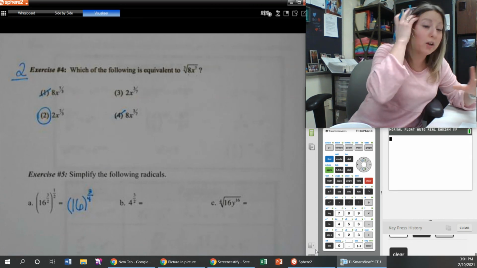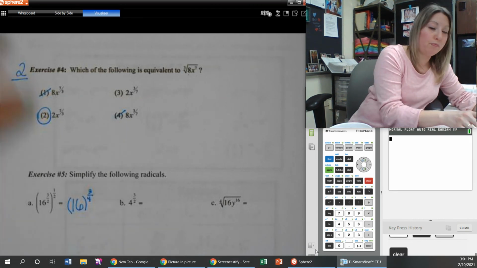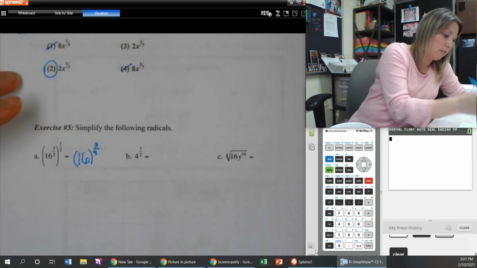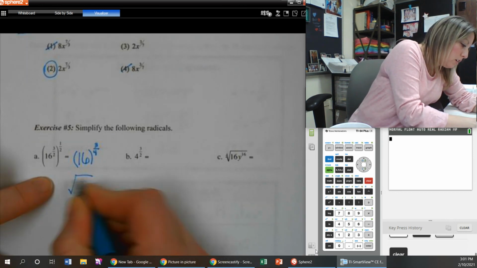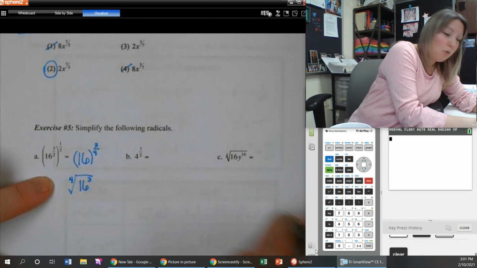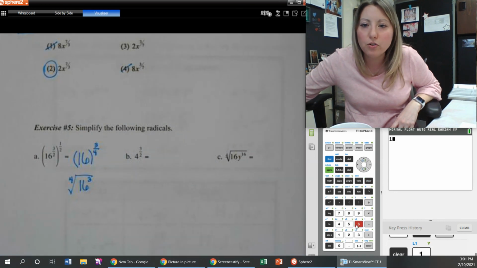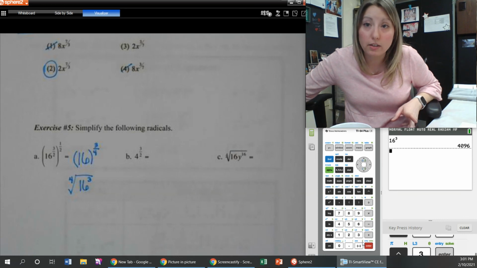Next thing I'm going to do is convert this into a radical. This is the 4th root of 16 cubed. Well, let's see. What's 16 cubed, right? And we got this graphing calculator, use it. 16 cubed is 4,096.